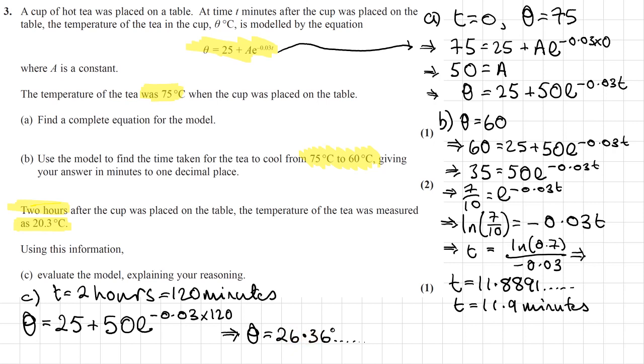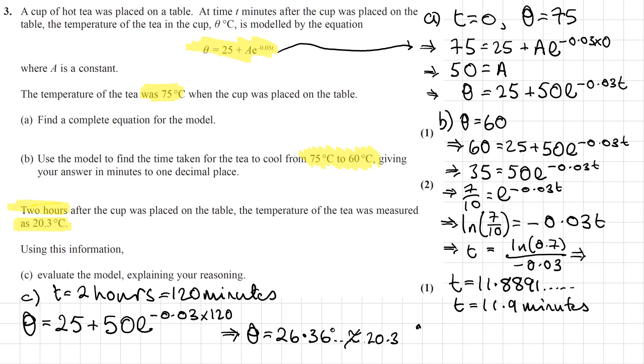Okay, so we can either say that this temperature that we worked out here is not approximately 20.3, or we can talk about the model. So this is one answer we could give.